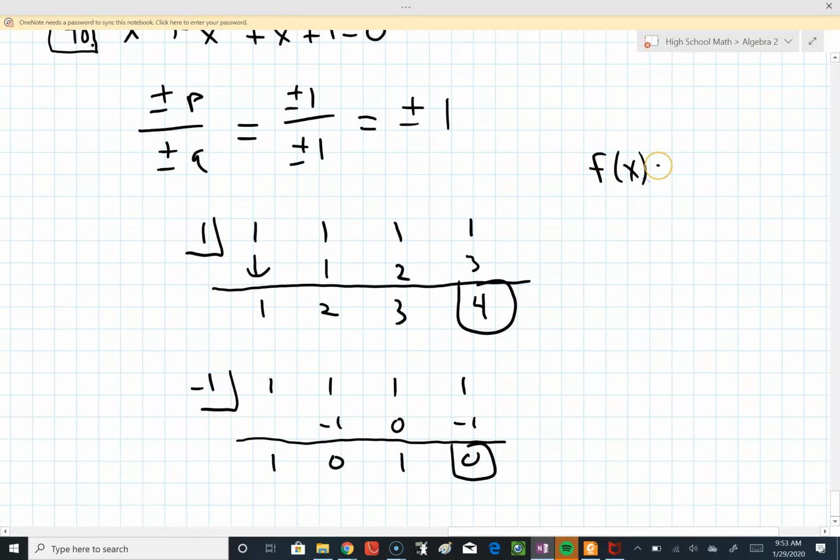Our initial polynomial was x cubed plus x squared plus x plus 1. We can now rewrite this as what, Avery? Good. Oh, hang on. This is x squared. This is x here. It's 0x, isn't it?